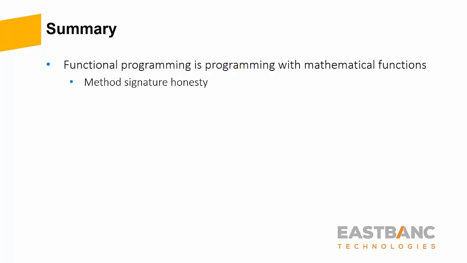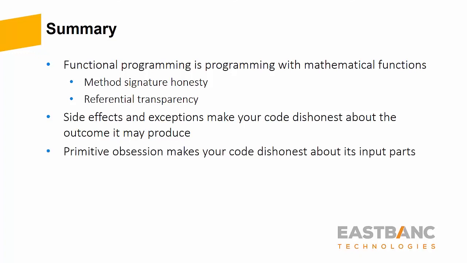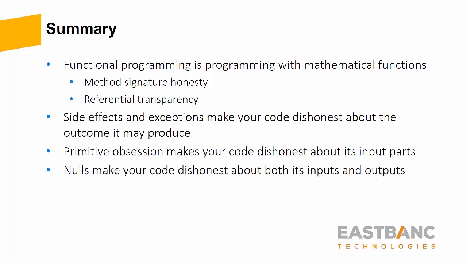Their signatures are honest, and they are referentially transparent. Side effects and exceptions make your code dishonest about the outcome it may produce, and primitive obsession makes your code dishonest about its input parts. Nulls make your code dishonest about both its inputs and output, because they can be present both in the input parameters and in the output parameters.